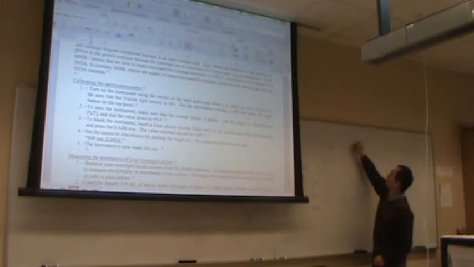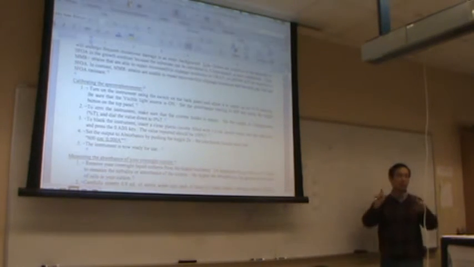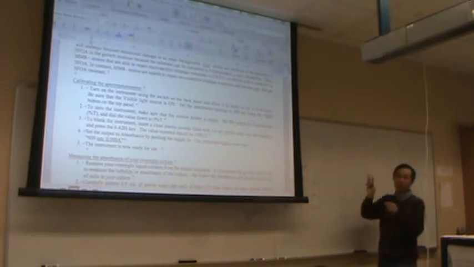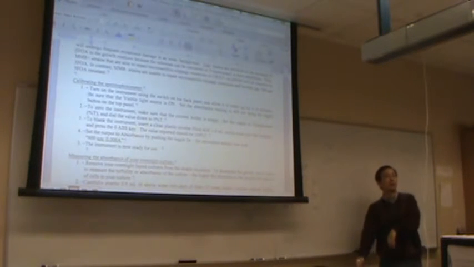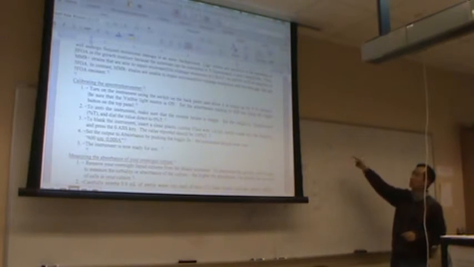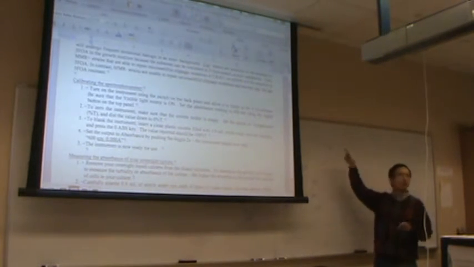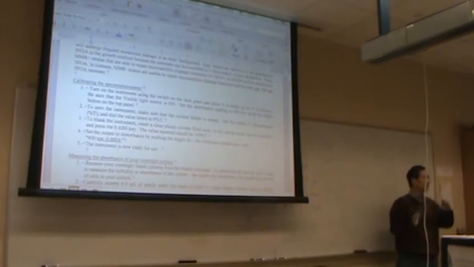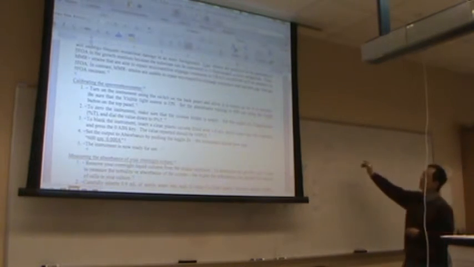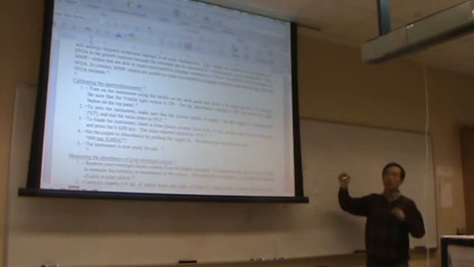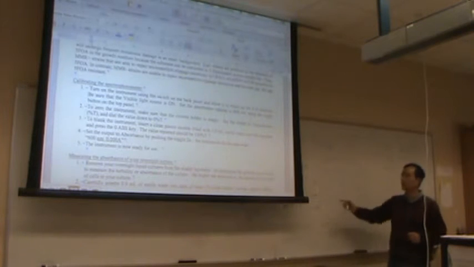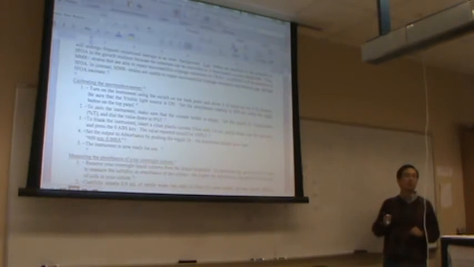If there are a lot of cells, the absorbance will be very high. If there are very few cells, it's clear liquid, and the absorbance will go down. This is called absorbance, also called optical density. It is proportional to the cell number, just a convenient way to measure cell number. If we take the same number of optical density units, say 3, for all the cells, we assume they have the same number of cells.